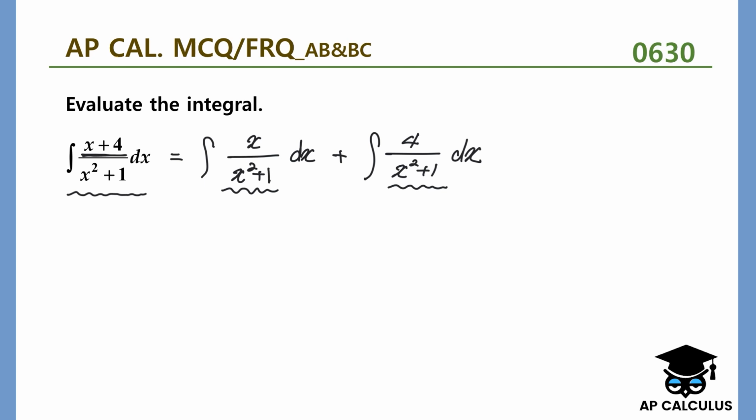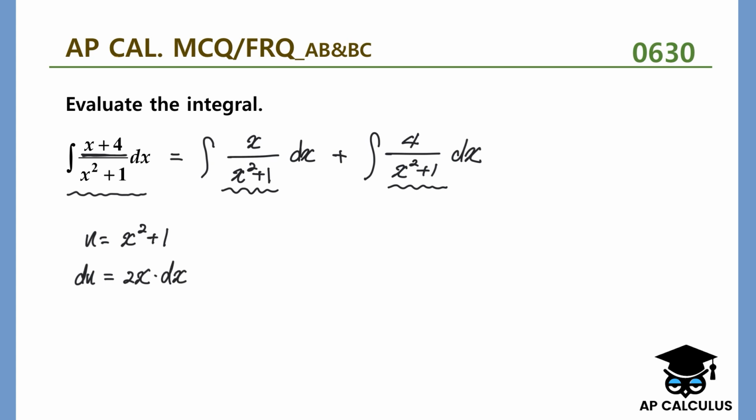For the first indefinite integral, we're going to have to use substitution technique, right? So we're going to let u is equal to x squared plus 1. And if we differentiate this equation, du over dx is equal to 2x. Or we can write du is equal to 2x times dx, right?